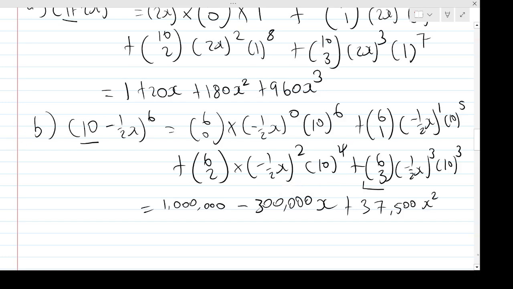Okay, and then the final part, we have 6 choose 3, which is 20, then minus a half all cubed, that gives minus 5 over 2, times it then by 10 cubed, will be minus 2,500 x cubed. And there we are then, that's the first 4 terms there.